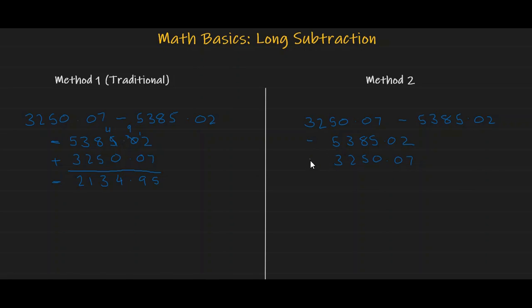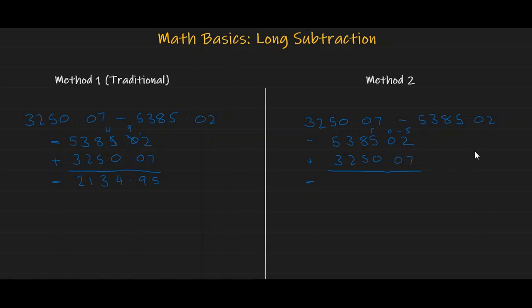Remember, this is the negative, this is the positive. So your final answer is going to be negative. You are subtracting here as well. 2 minus 7. So you get minus 5. This just remains 0. This is 5.